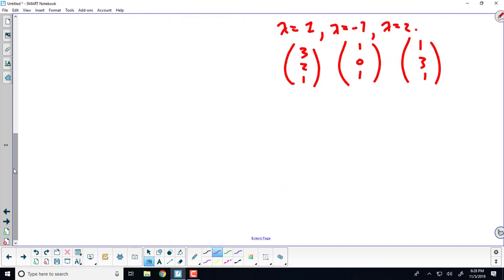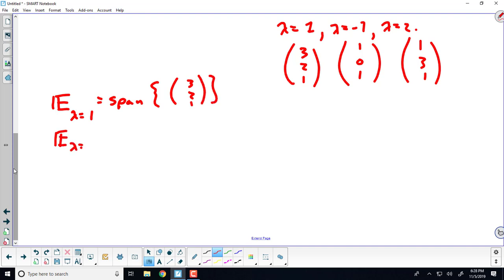So the eigenspaces, the book uses this notation, I think it's good notation. The eigenspace for when lambda is equal to 1 is equal to the span of this eigenvector here, 3, 2, 1. And the eigenspace for when lambda is equal to -1 is equal to the span of 1, 0, 1.